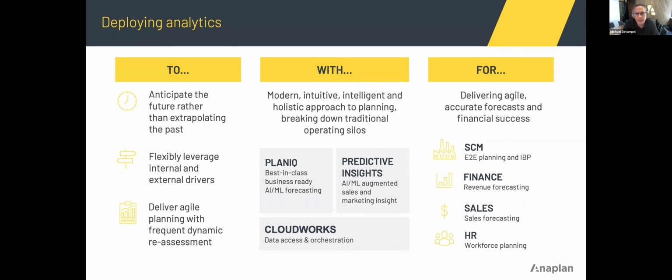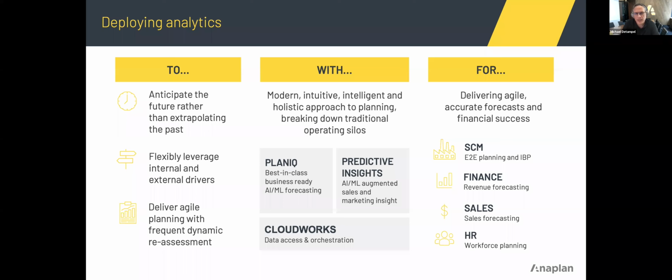Combine that with a world right now where, as Ann had mentioned, trusting history is problematic in the very least. What we're focusing on is making sure that the platform on which companies do planning, in our case Anaplan, has analytics embedded in such a way so that they are intuitive and intelligent and easy to apply within the planning process.